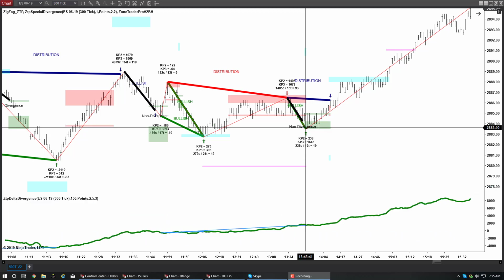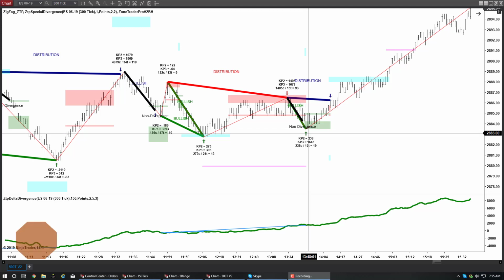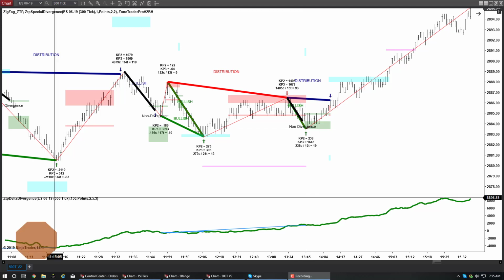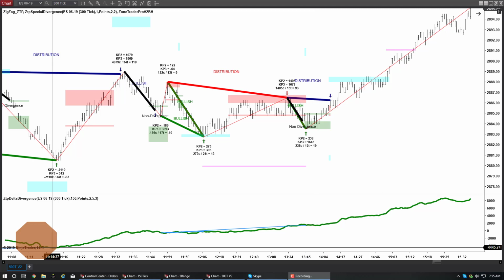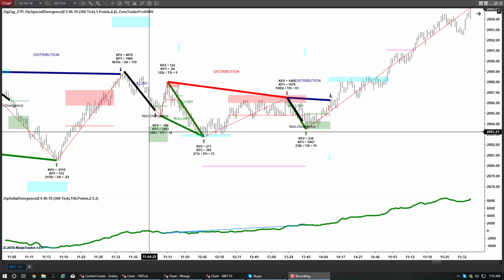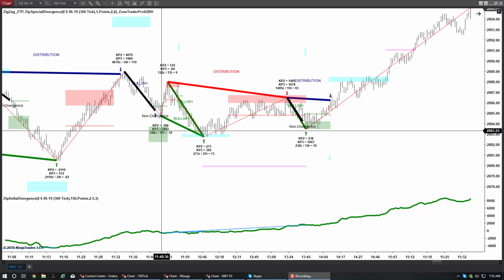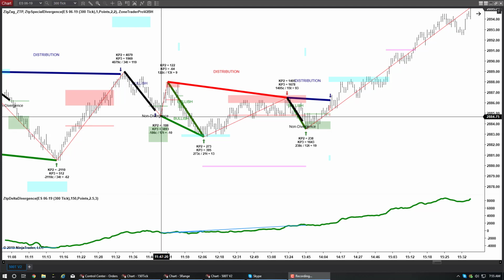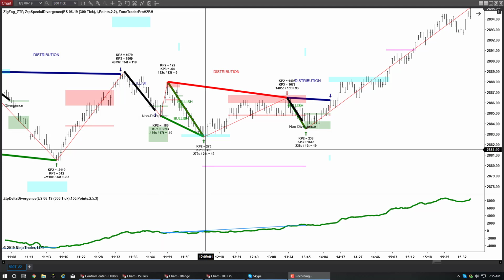Now, again, what we want to look at is the cumulative delta all the way from back here. So the cumulative delta, the KP3 numbers, increased by 3,893 at this point, increased by another 400 at this point, and increased by another 1,600 at this point.